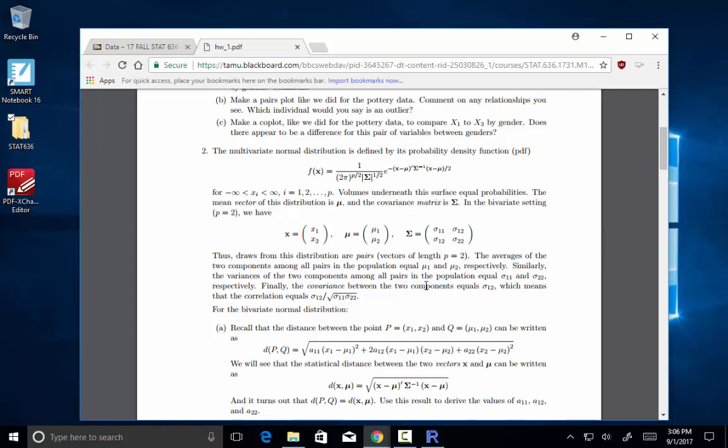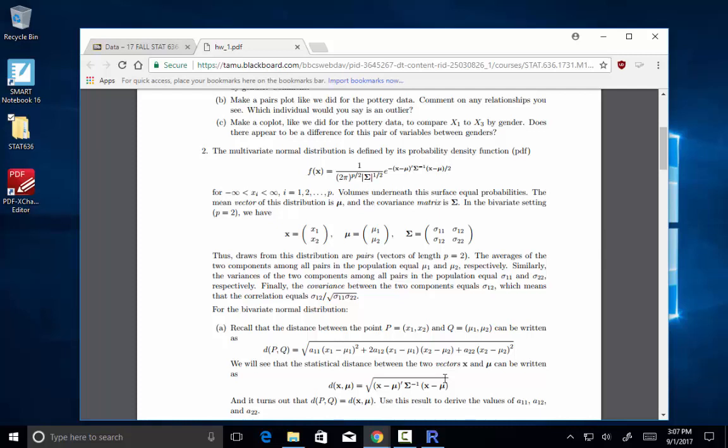Euclidean distance. In statistics, because there is the potential for different magnitudes of variation in the different directions, and because there's the potential for there to be correlations between the variables, it turns out that Euclidean distance is not the most natural distance to use for comparing, say, 2 random vectors or 2 parameter vectors.